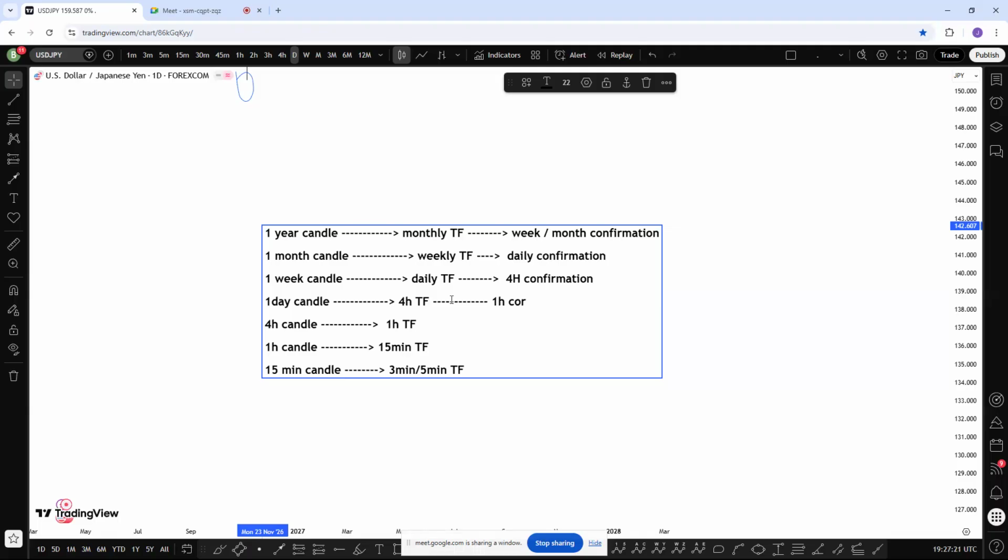Then here on 4 hour, we use 15 minutes. Then here we use 5 minute. Then here we use 1 minute.